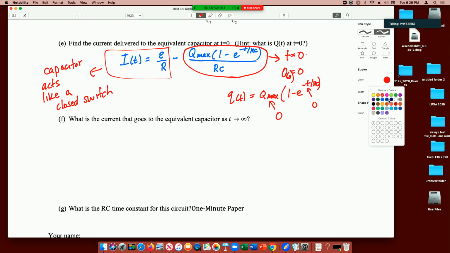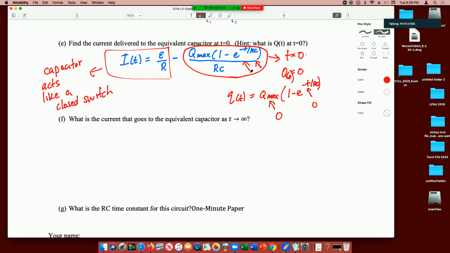As charge builds up, it becomes harder and harder for charge to flow there. When there's no charge, it has no problem flowing. As you build more charge on the capacitor, it's harder to put more charge there, which is what this expression reflects: the charge builds up exponentially as a function of time. So when there's no charge, you can model it as a straight wire where the capacitor isn't even there.